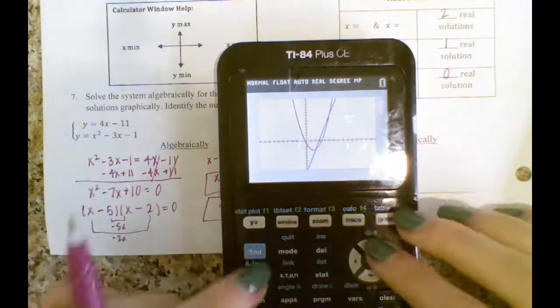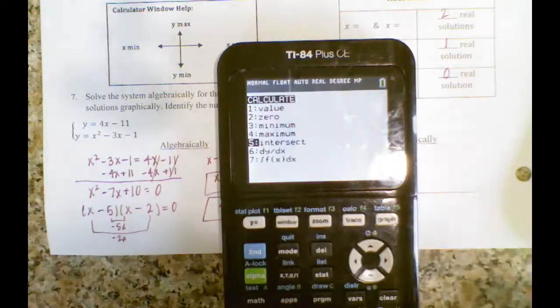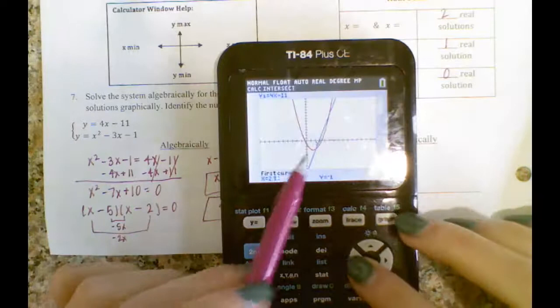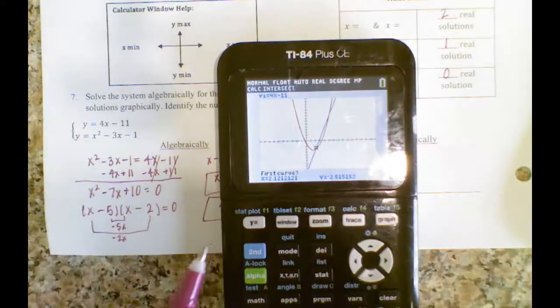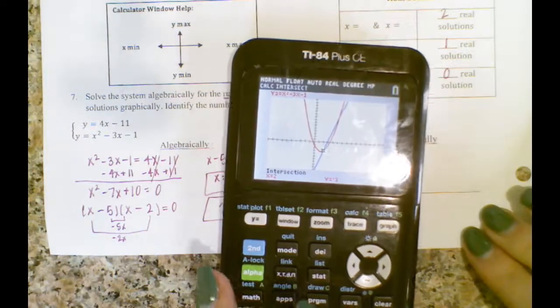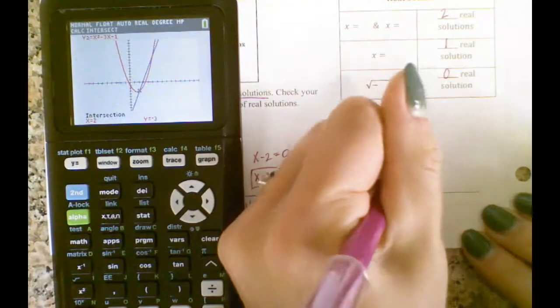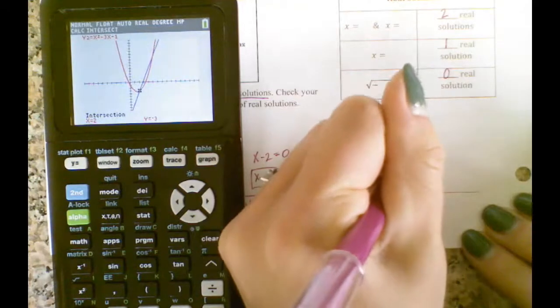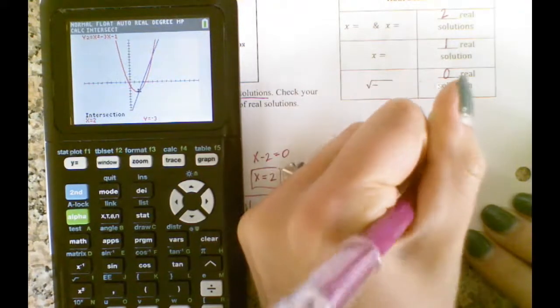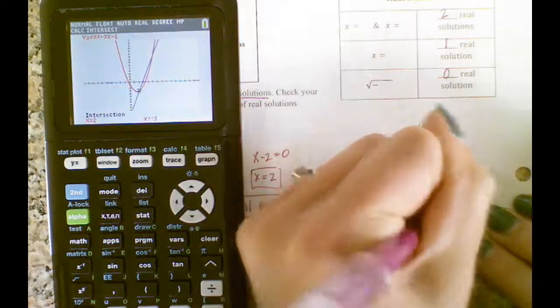To find the intersection, remember you hit second trace, intersect, and move your cursor to where you think the intersection is and hit enter 3 times. So 2, -3, that's correct. Oh, I forgot to sketch a graph. Sorry. So I have here and here, right?